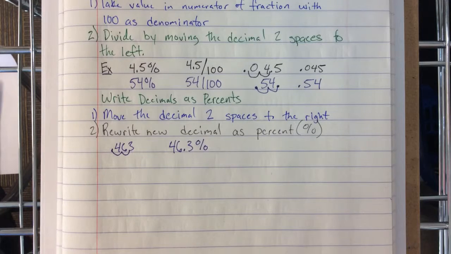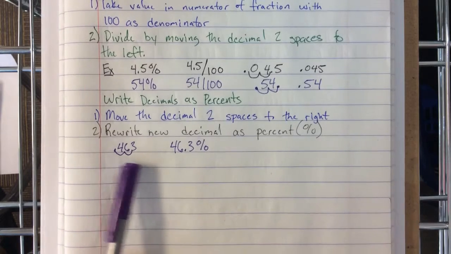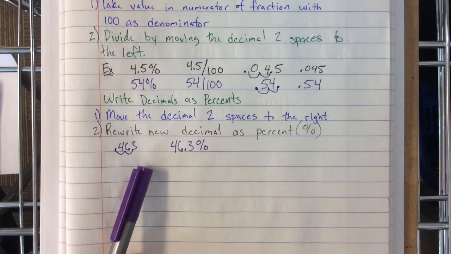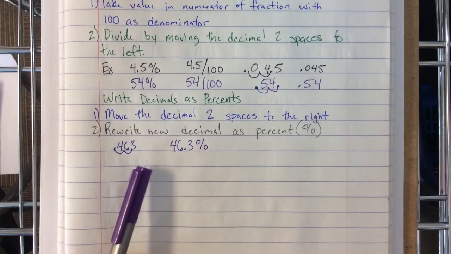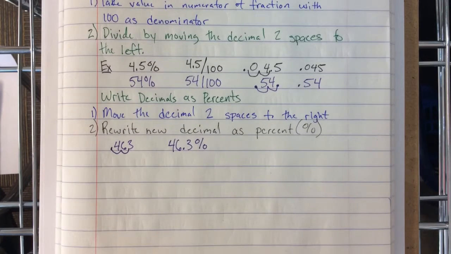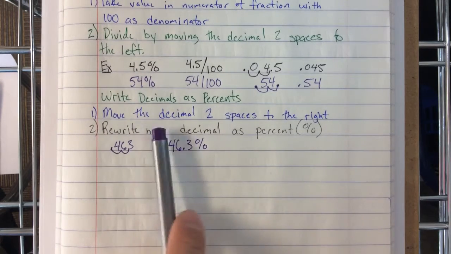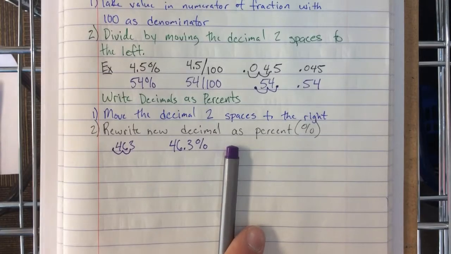We divided by 100 before, so what are we multiplying by here? We're multiplying it by 100 to move the decimal 2 spaces to the right. This is kind of like the scientific notation we worked with a couple weeks ago. Does that make sense? So we're going to move it to the right because we're moving from a decimal to a percent.